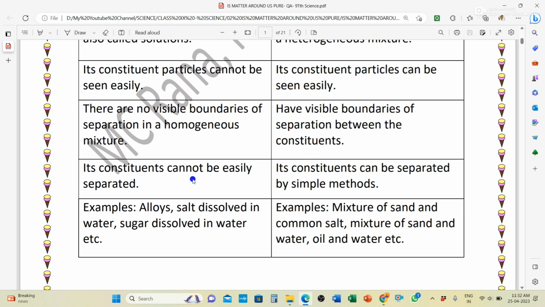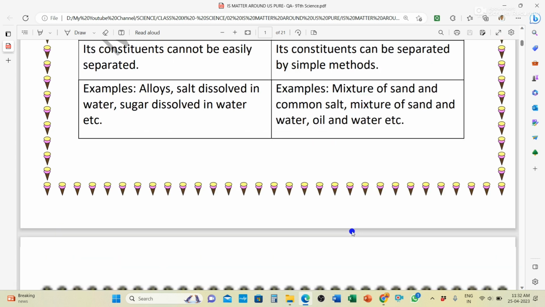Examples of homogeneous mixtures are salt dissolved in water and sugar dissolved in water. These are also called solutions. Examples of heterogeneous mixtures are a mixture of sand and common salt, sand and water, and oil and water.